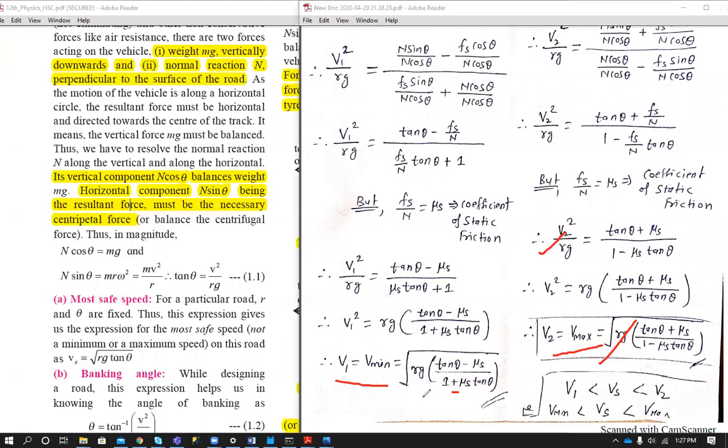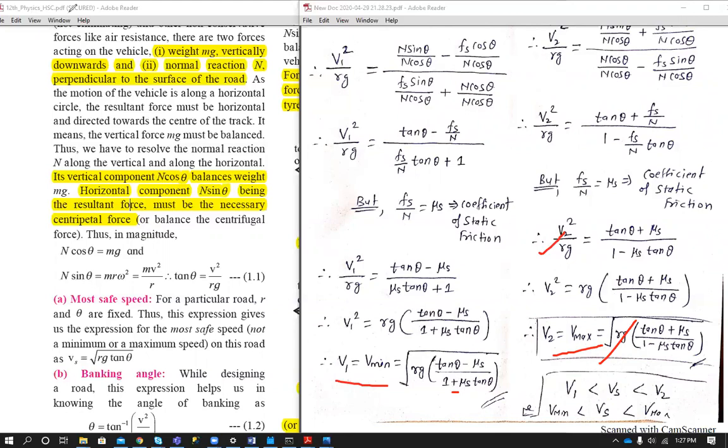Whereas in this case, the numerator is less than the denominator, so we are going to get a lower speed. If you get confused with the signs of the formula, where it is plus and where it is minus, just remember it by thinking this way.